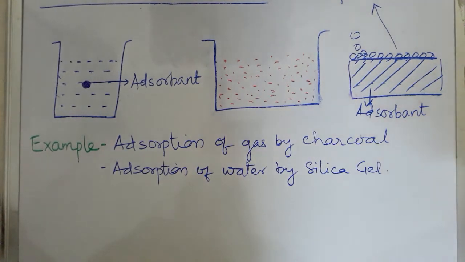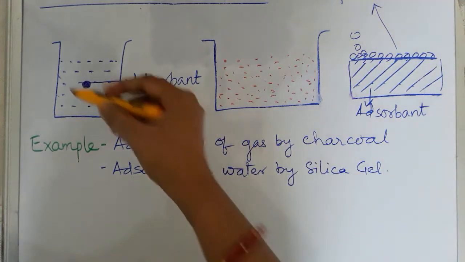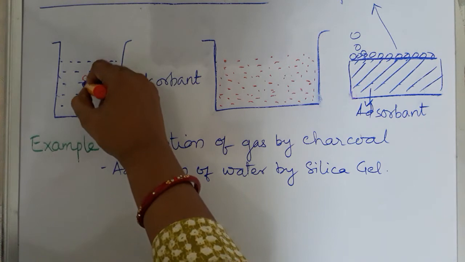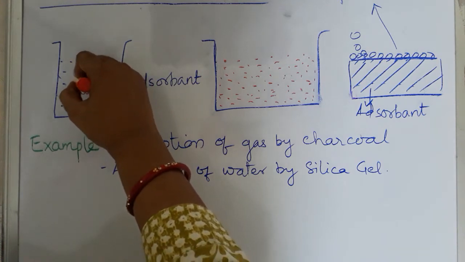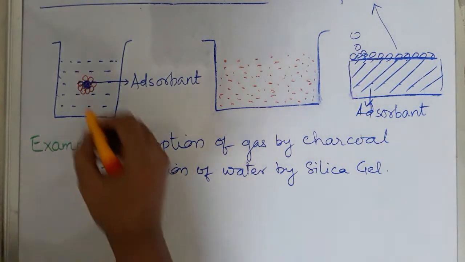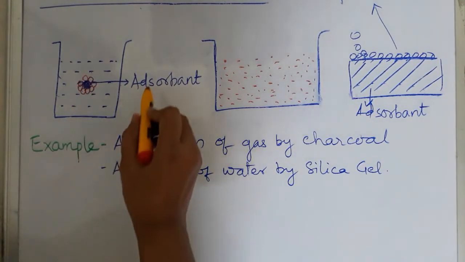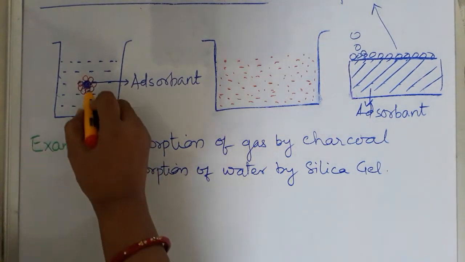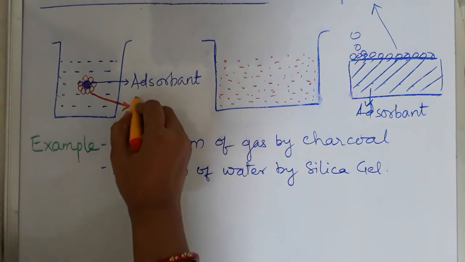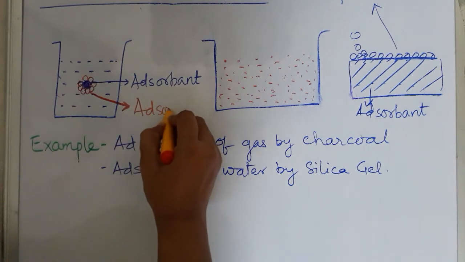It adsorbs the particles of colored dye on its surface. So it provides surface for adsorption of the dye molecules, which give the color. The dye molecules get accumulated on the surface of the adsorbent, and here the adsorbent, as I said, is charcoal. So this colored dye or ink is acting as the adsorbate.